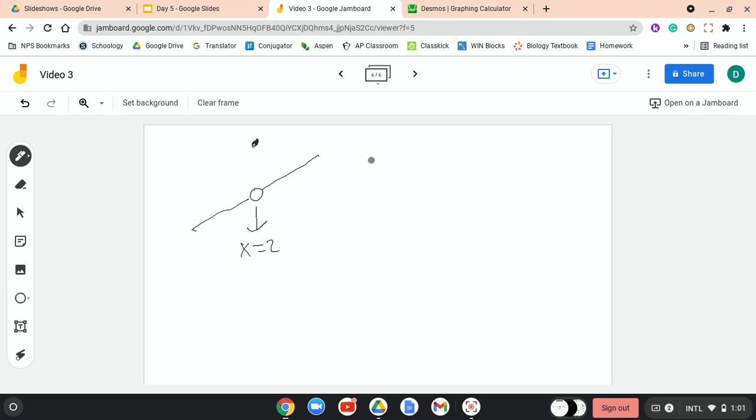All right. So by our limit definition of a derivative, if we want to find the derivative of this function at x equals 2, we'd take the limit as h approaches 0 of f of x plus h minus f of x over h. And what that means is we're taking a point really close to x equals 2 and calculating the slope between those two points.